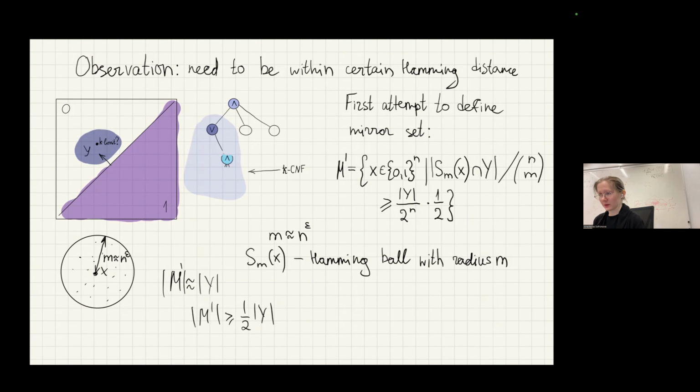So we want to define the mirror set and somehow deal with that now. Instead of this whole set of ones, I just want to focus on the hardest one in some sense. And so goes my attempt to define the mirror set.